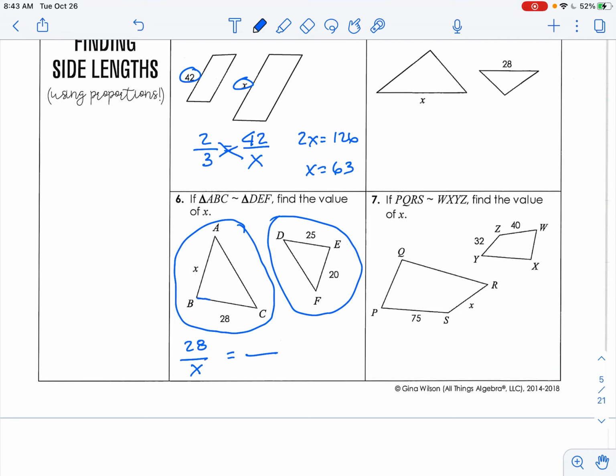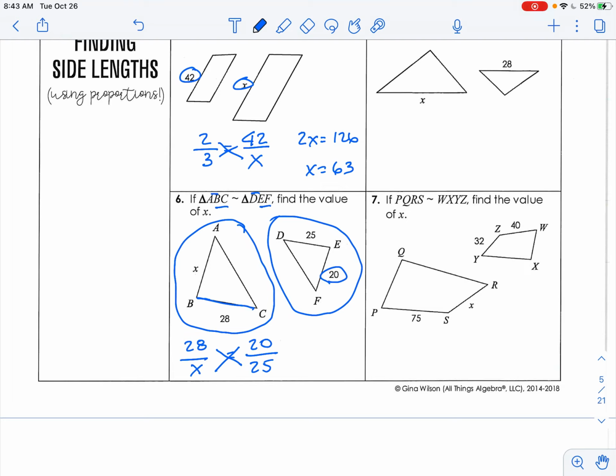Now, what I would look at here then is what does BC correspond to? BC corresponds to EF. So I'm going to put the EF value here with the 28 across from it. And then AB corresponds to DE, so I'm going to put the 25 down there. Now again, on your calculator, if you want a shortcut, you can do the cross you know, divided by the cross you don't know.